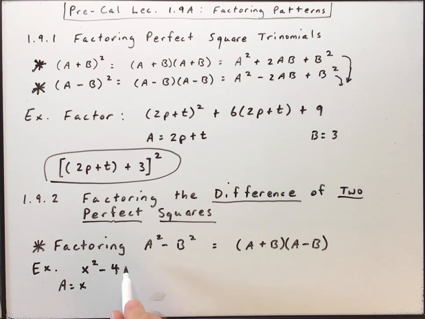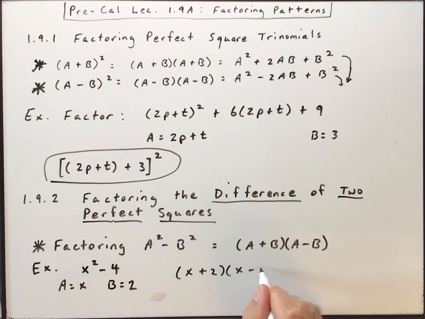If you take the square root of 4, you get a whole number, 2. So this one factors into a plus b times a minus b. So that would be x plus 2 times x minus 2.